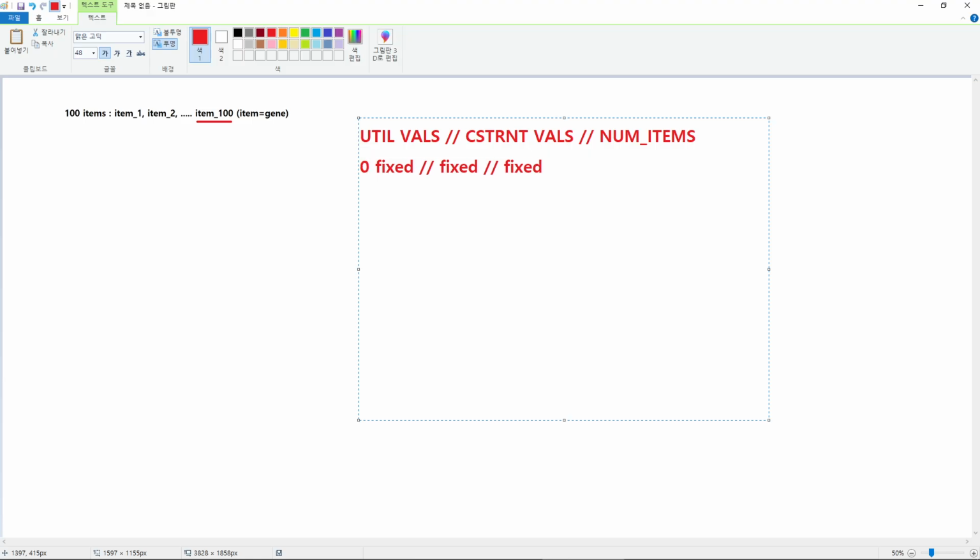That's one combination. It doesn't matter if the values are preset or generated, but it doesn't matter.